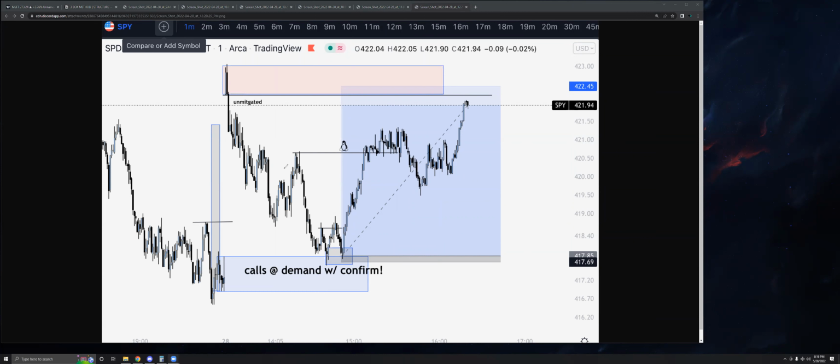Everywhere you see a gap or imbalance, the only imbalance left on this little run up is this one, because everything else has been mitigated. Price ran right back up into it. Look at this drop. Price runs right back up into this unmitigated level, because that's a full imbalance. It fills it in. So now this is filled. What's left is this right here.